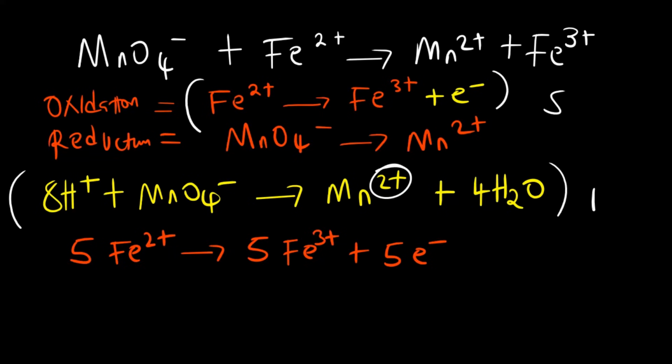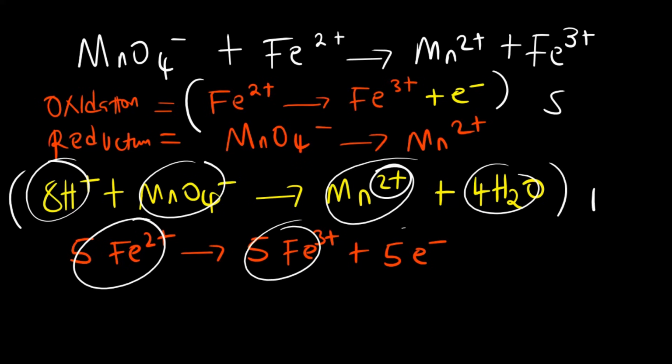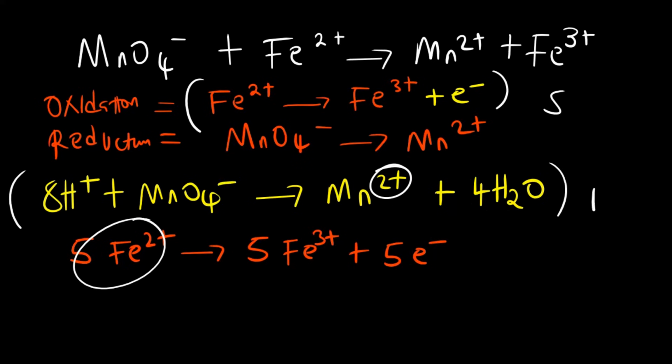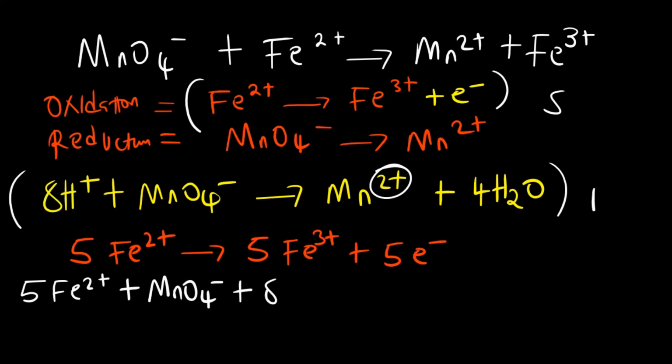But now I'm supposed to put the reactants alone and the products alone. So in this case, if I now combine, I'm going to have this one and this one as the reactants. Then the products, I've got all these ones on the other side. So let's see what we have. I'm going to have 5 Fe2 plus, then I've got the MnO4 minus, I've got 8H plus.